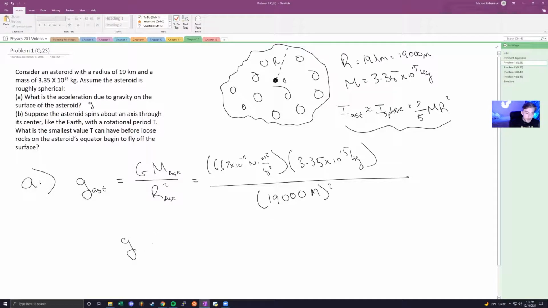So we get that the acceleration due to gravity on the asteroid is equal to 6.1896 times 10 to the negative 4th meters per second squared.